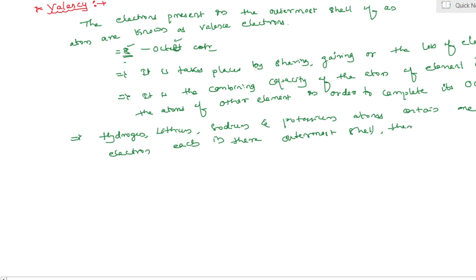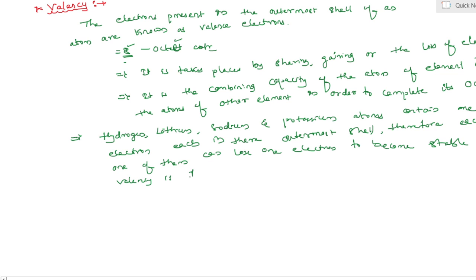Therefore, each one of them can lose one electron to become stable. Hence, valency is 1.